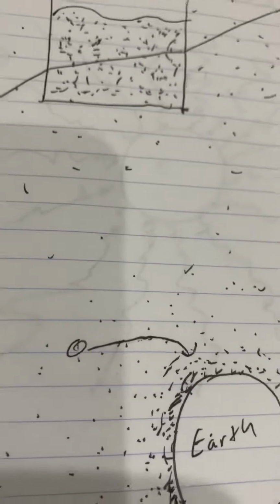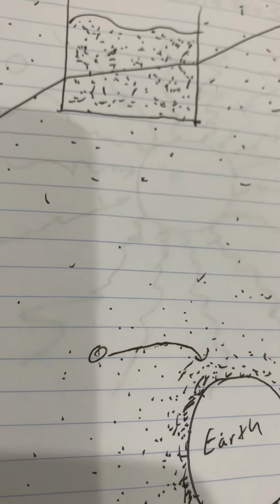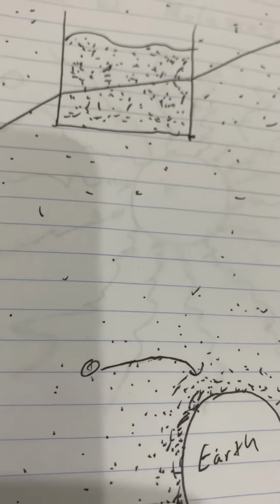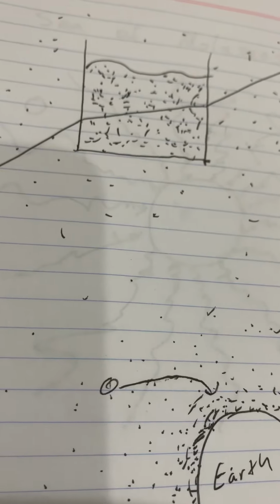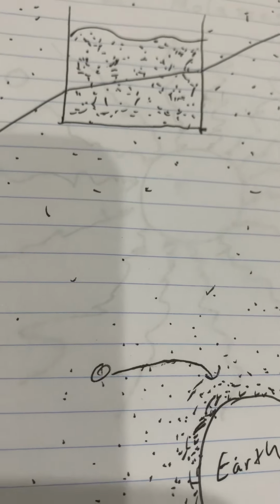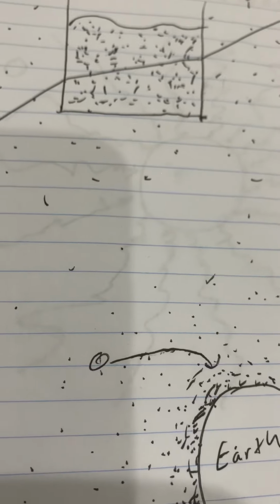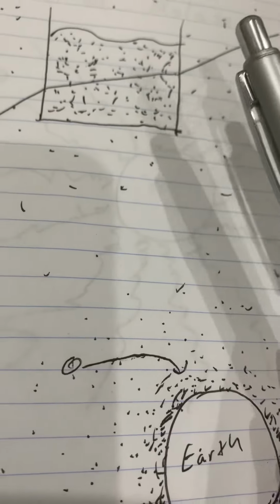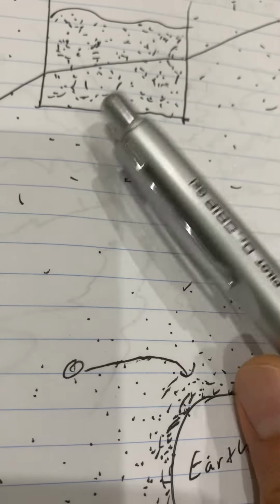So particles absorbing and re-emitting photons cause photons to slow down more in an area that's dense with particles. So a higher particle density causes photons to slow down more. A higher photon density causes particles to slow down more. The photons slow down because they're being absorbed and re-emitted by particles.